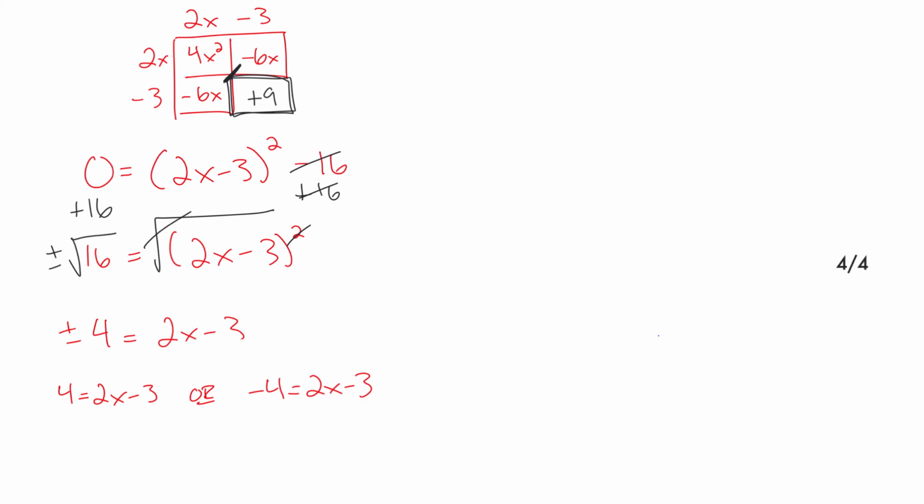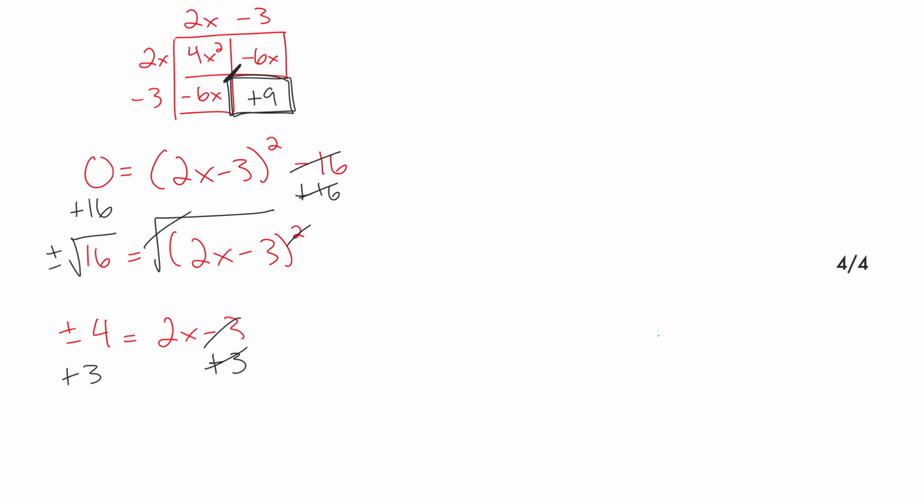So whenever you see a plus or minus, if you add 3 to the other side, that does not become a plus or minus 7. When you add that 3 to the other side, it is two equations. So I'm actually going to do this without looking at it as two equations. I'm going to treat it as one. When I add the 3 to the other side, that does not become plus or minus 7.